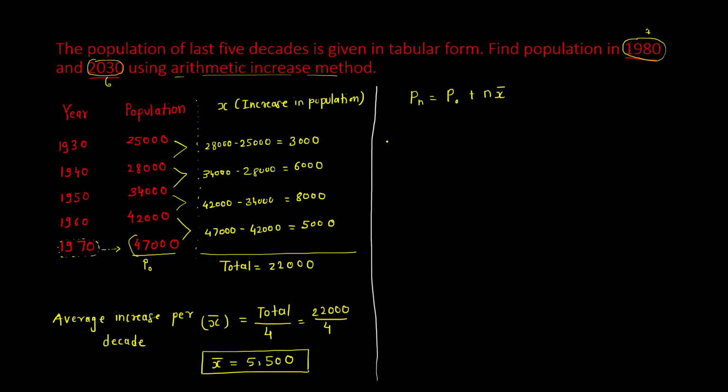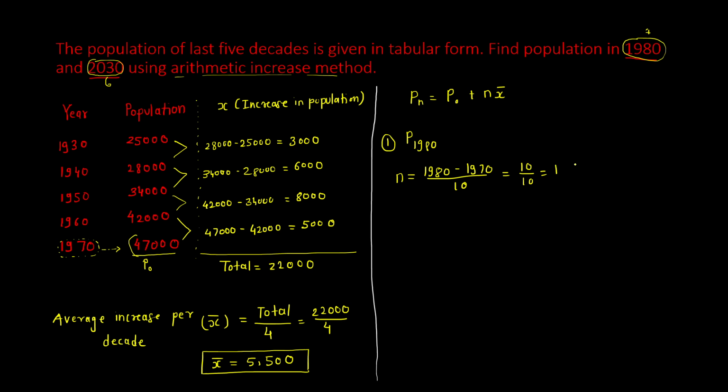So now first we have to find the population in 1980. What will be the value of n for this? To find that, use this simple formula: n is equal to 1980 minus the latest year population that we know, 1970, divided by 10. So that will be 10 divided by 10.